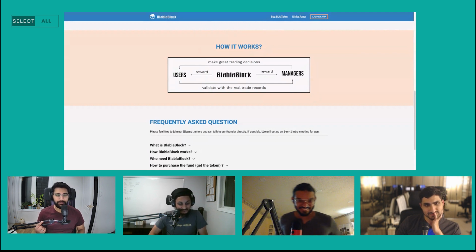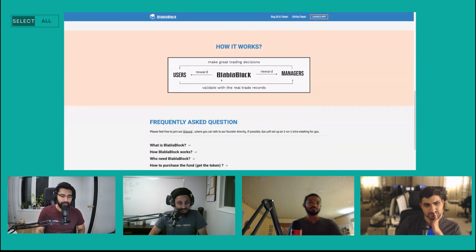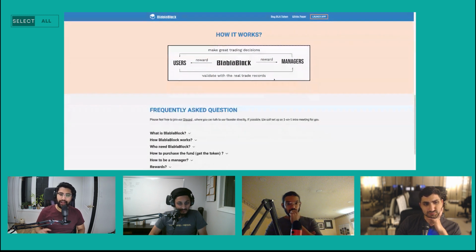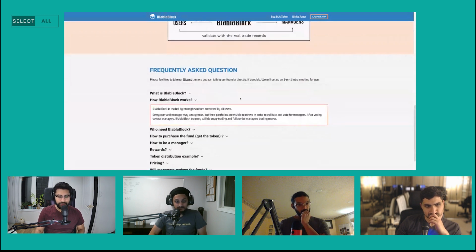For this to be decentralized and fair, I guess it rewards managers anytime they make a trade that's profitable, and I don't know if it's relying on an algorithm to reward managers or if it's user voted.